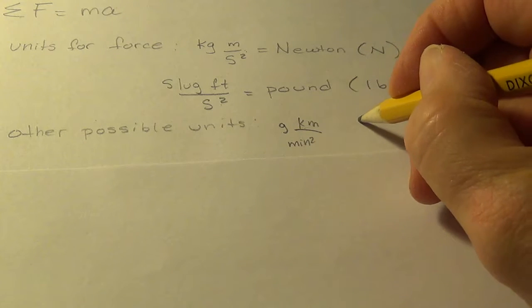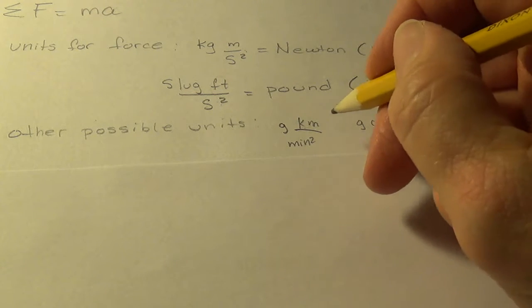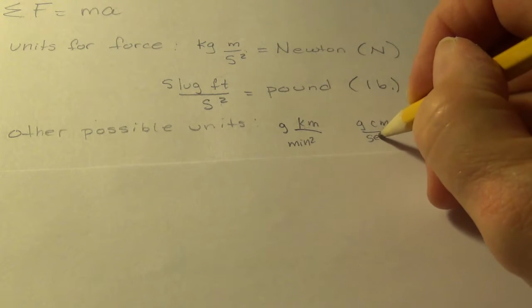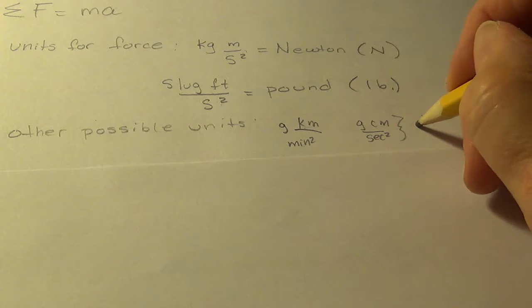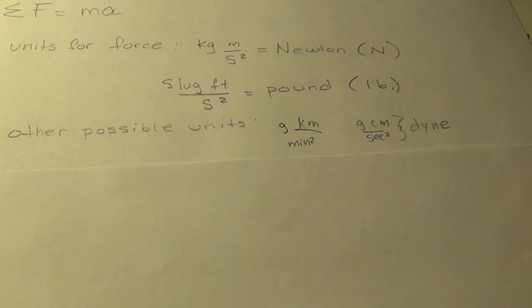You could have gram centimeter per second squared, and that is an actual unit for force. It's called the dyne, D-Y-N-E, so it is an actual unit. However, we're not going to use it much.